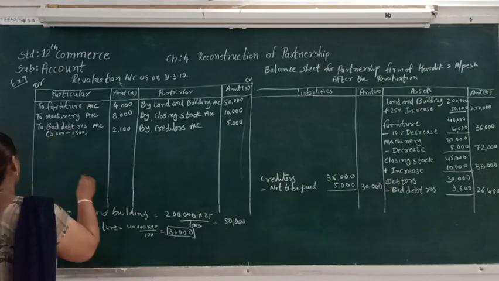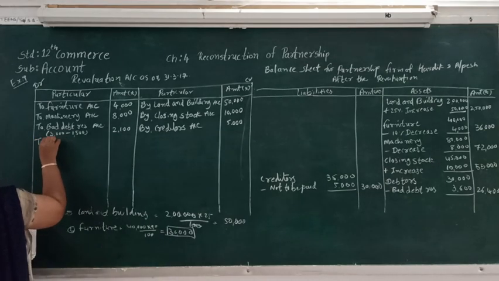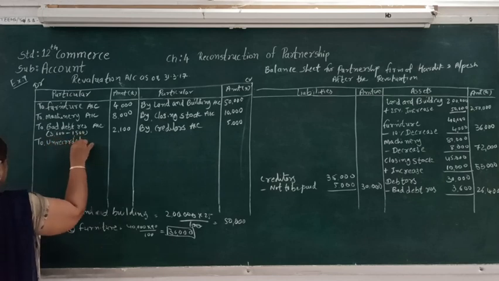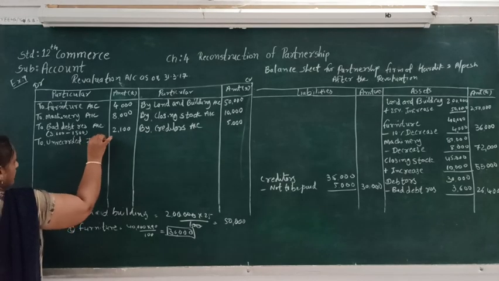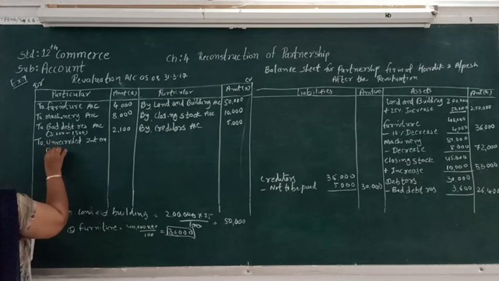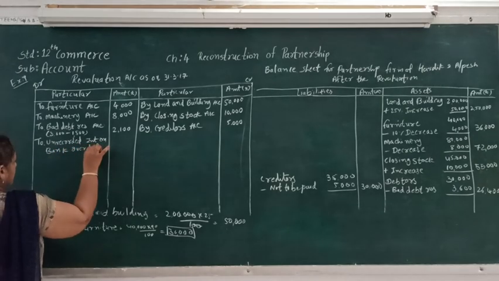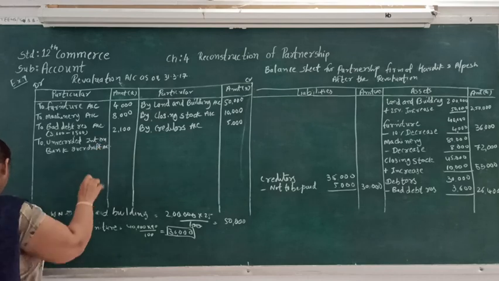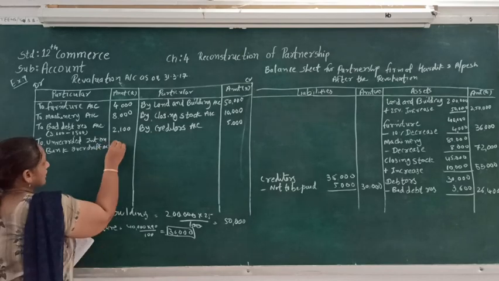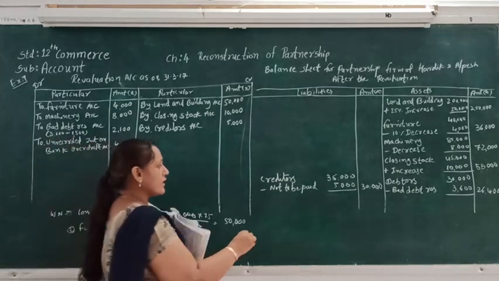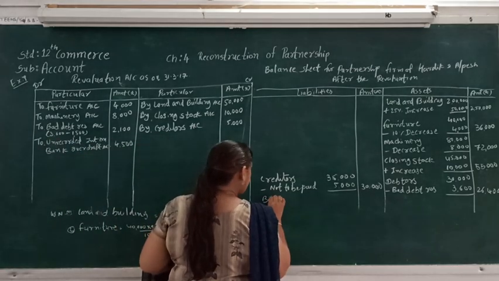Let's do it. 2. Unrecorded interest on bank overdraft account, and it will be 4,500. So here again we are going to write bank overdraft.